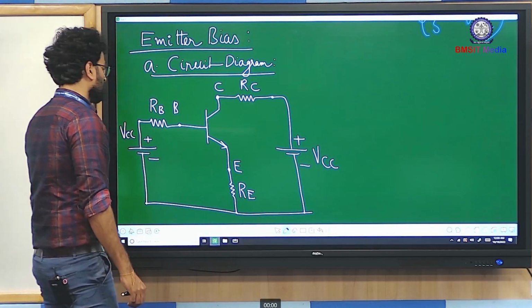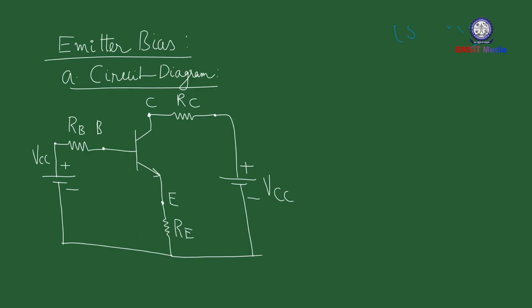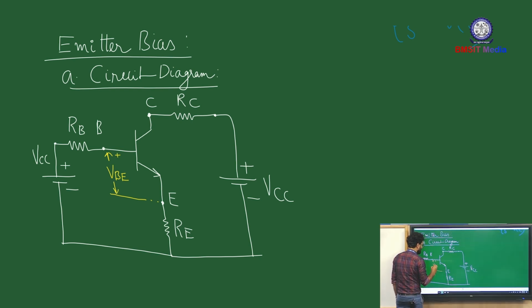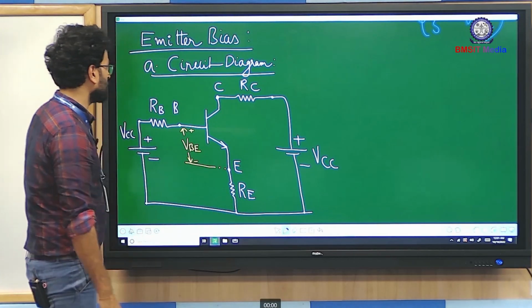After writing down the circuit, you have to mention the transistor voltage levels. For example, the voltage measured between base and emitter terminal is considered as VBE with the polarity upper side positive, lower side negative, assuming base is at higher potential compared to the emitter terminal, right?